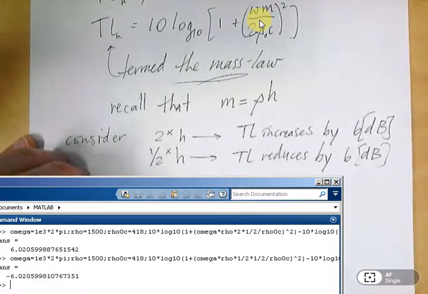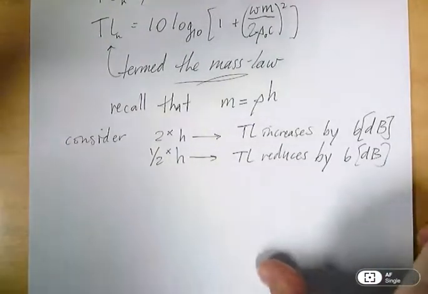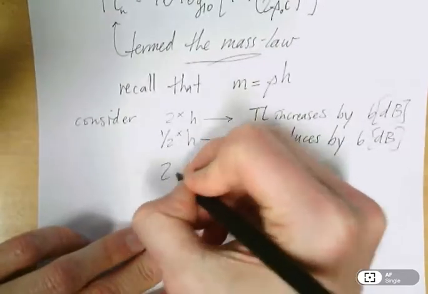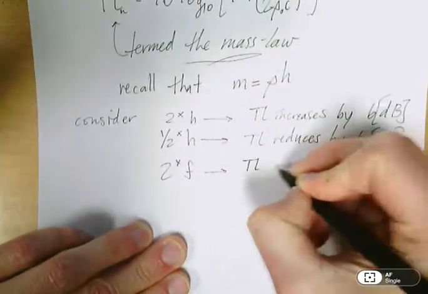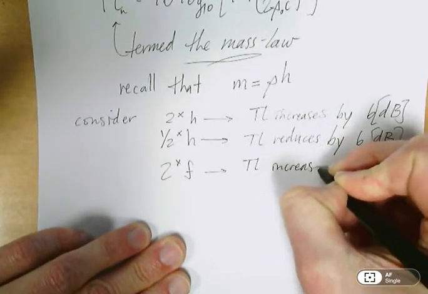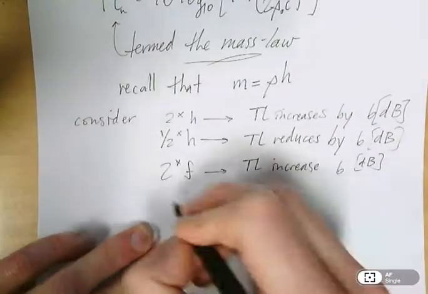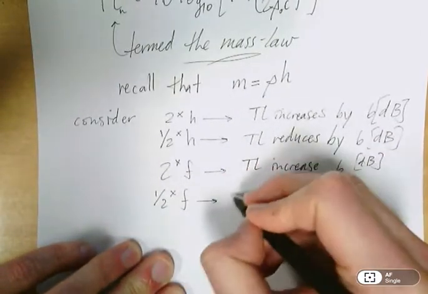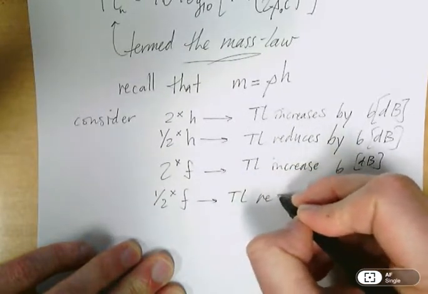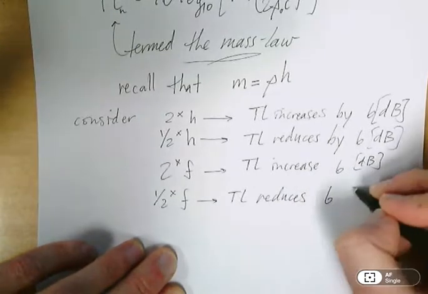So 2x f will increase the TL by 6 dB, while a 1/2 x f reduces the transmission loss by 6 dB.